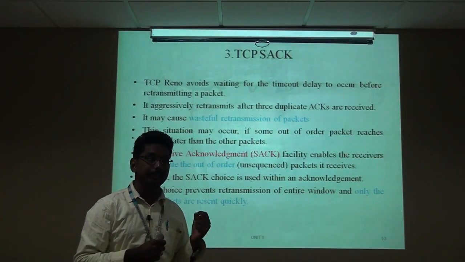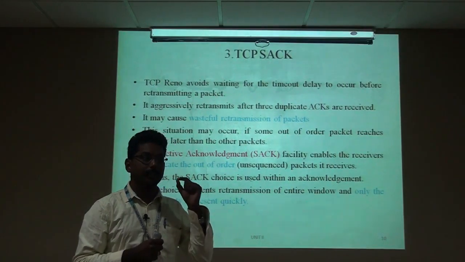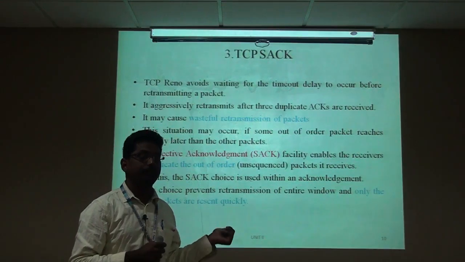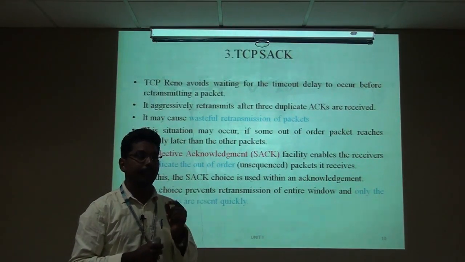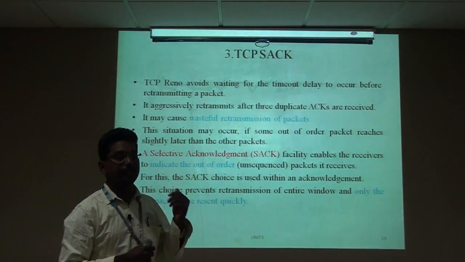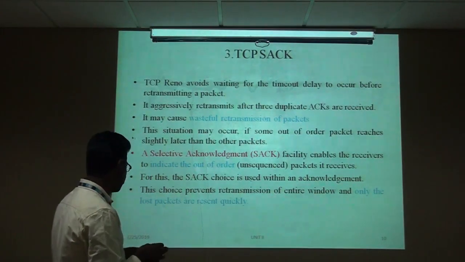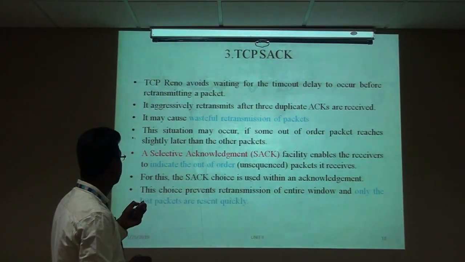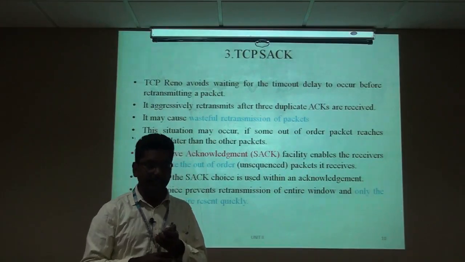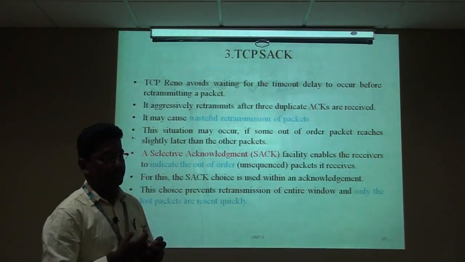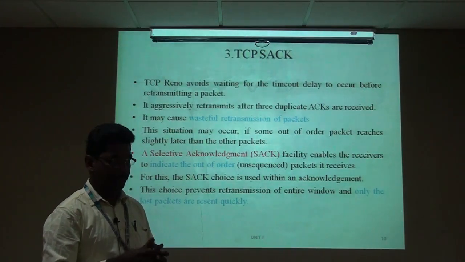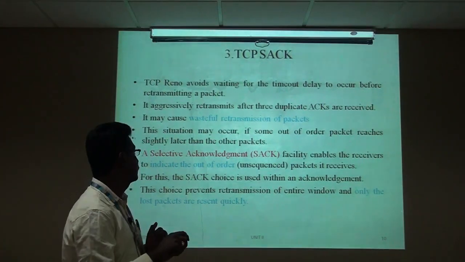The receiver will send a partial acknowledgement that the third data alone is missing, so the sender can retransmit that particular packet alone and receive the acknowledgement that the third packet has been received. The advantage of TCP SACK is that there is no waste of time or of packets being retransmitted by the sender.